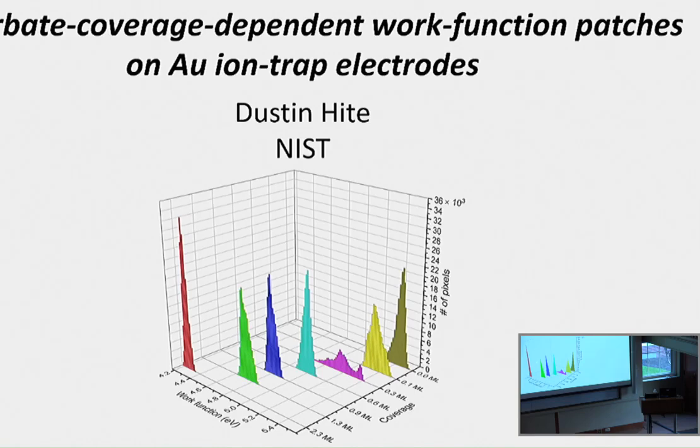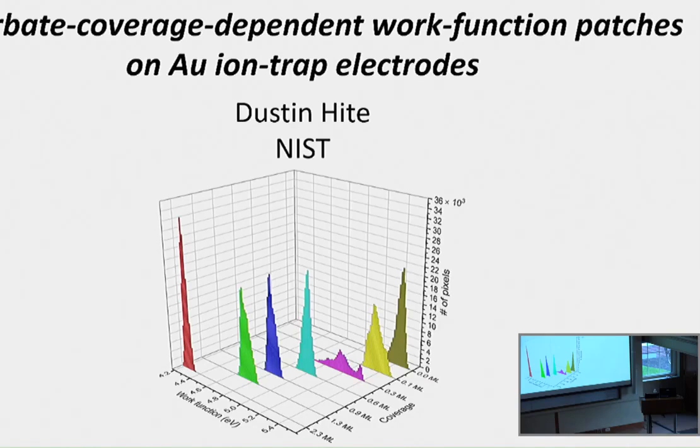What we're looking at here is just Kelvin probe force microscopy images. Well, they're histograms of the image, and what it gives you is how the patches are distributed on the surface.